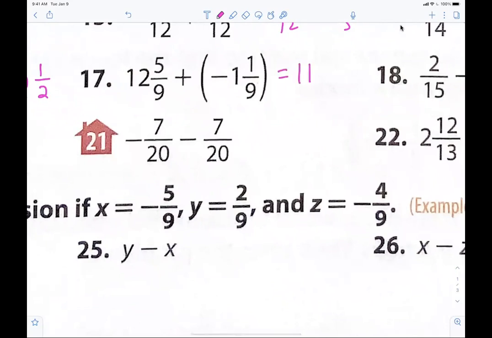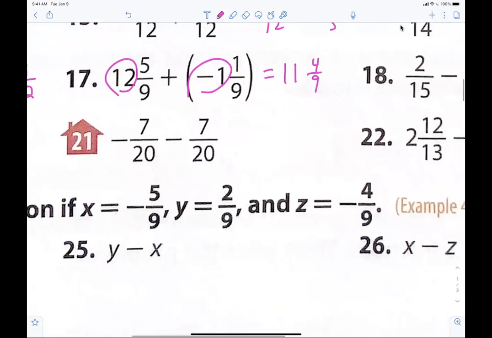Now, do you understand what I'm saying? Look how easy that was for you. Now we don't change it to improper fractions for addition and subtraction, that's for multiplication and division. Okay? Yes, sir. Go. Well, you have 12 minus 1. What's 12 minus 1? Oh, yeah. You with me? All right, here we go.